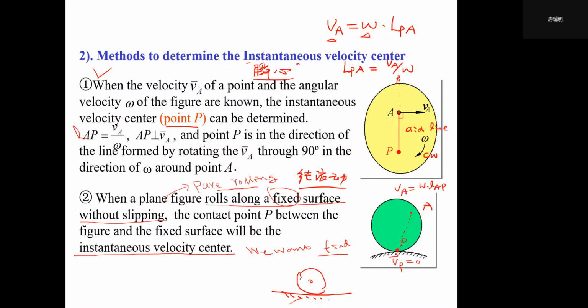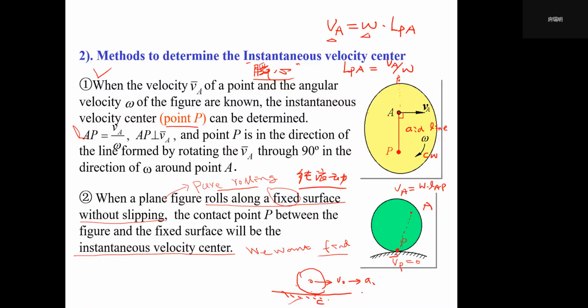But you guys can think, if we have a wheel rolling along the fixed ground, in many cases we know the velocity of the geometrical center, V0, maybe also including its absolute acceleration a0. So we know the contact point C is the instantaneous velocity center.